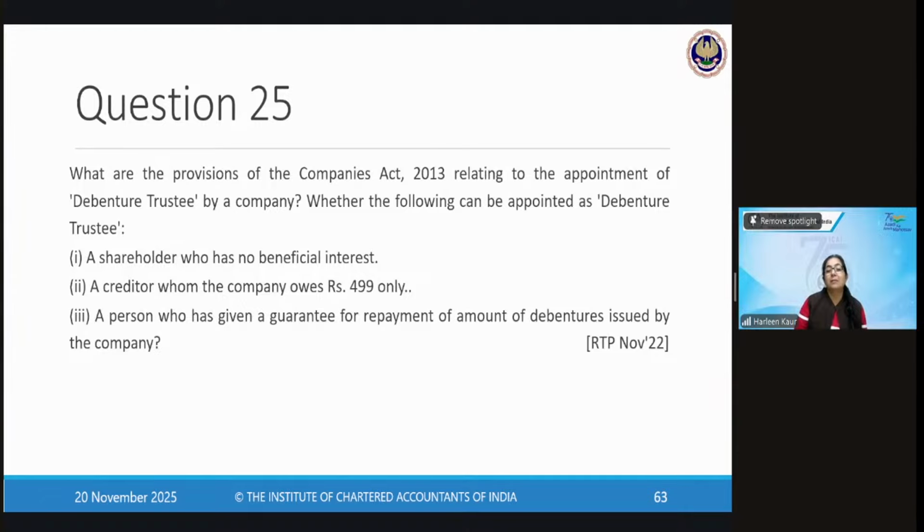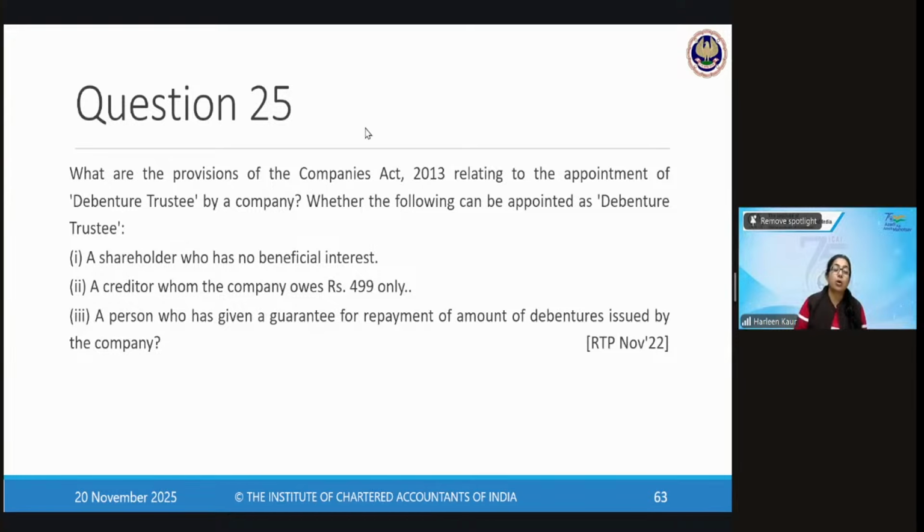Now, who is a debenture trustee? First of all, you have to tell me. Time to revise debentures. Who is the debenture trustee? Anyone can raise their hand and tell me why a debenture trustee is needed or who can act as a debenture trustee. Somebody who is not in any near and dear relationship with the company will be considered as a debenture trustee.